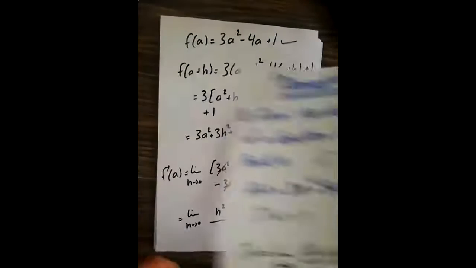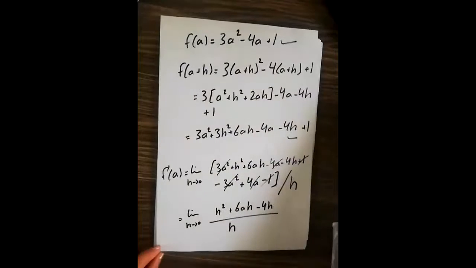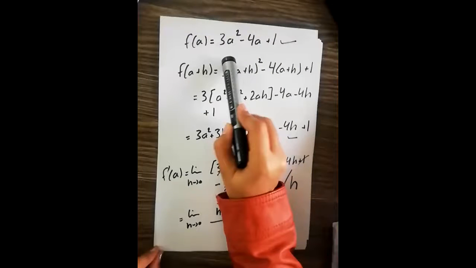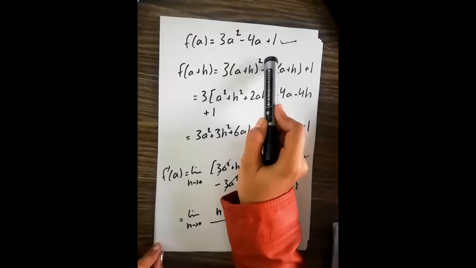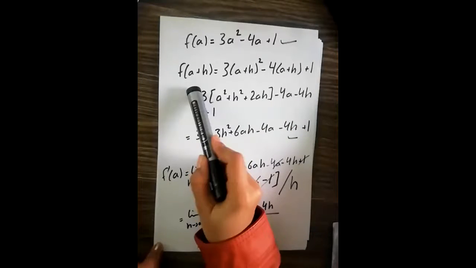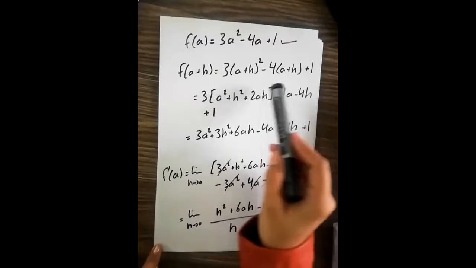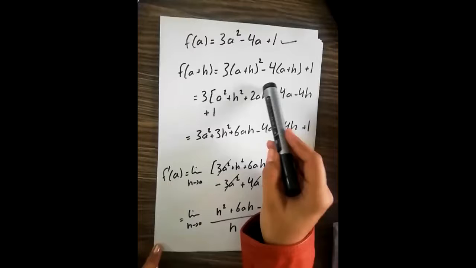So f of a is equal to 3a square minus 4a plus 1. And f of a plus h is equal to 3 into a plus h whole square minus 4 into a plus h plus 1. We open the brackets and we get this expression: 3a square plus 3h square plus 6ah minus 4a minus 4h plus 1.